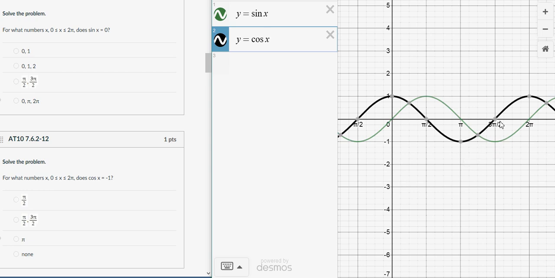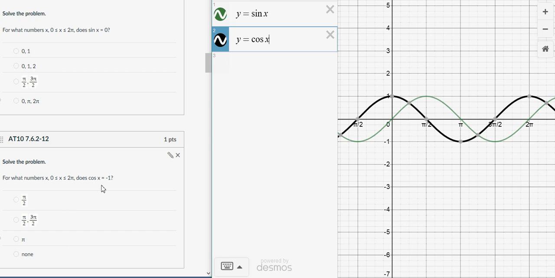And cosine 3 pi over 2 is 0. Then cosine 2 pi is 1. It finishes one period, and then goes the same way. So that's why the period for cosine and sine is 2 pi.